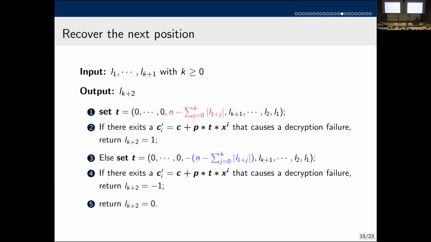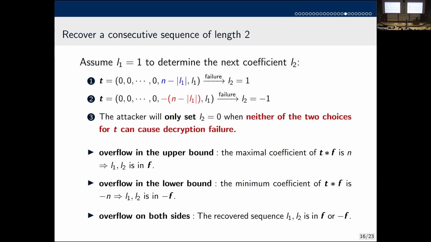Okay, so this is the case of going from L1 to L(k+1) to L(k+2). I think I will skip this. Let's just look at the simplest case. If you understand this one, that's pretty much the attack. So what do you do? Suppose I found one coefficient L1 equal to 1. Actually, we can just assume it to be there.